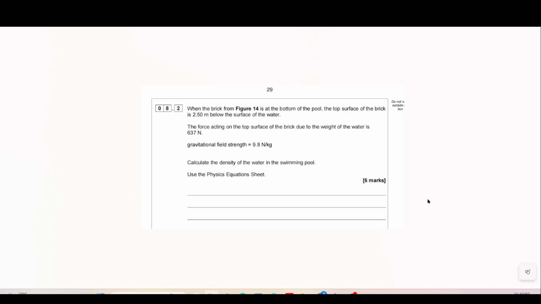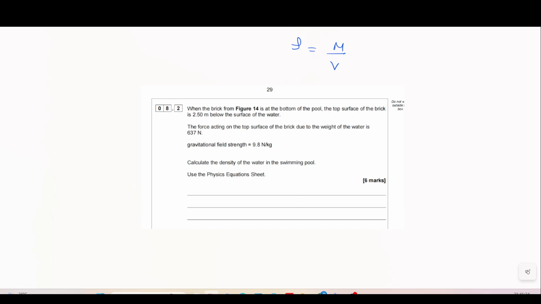Density equals mass divided by volume. So you want to find volume, I think.